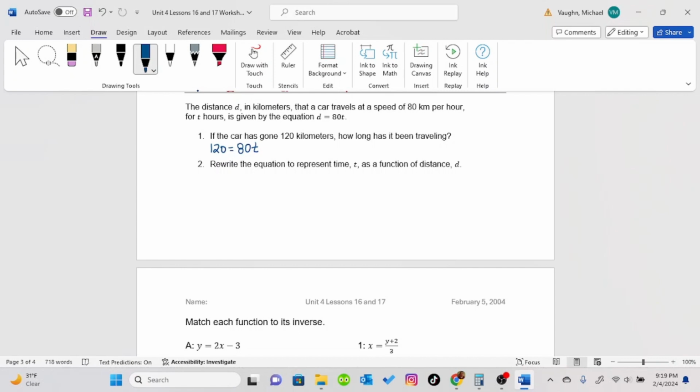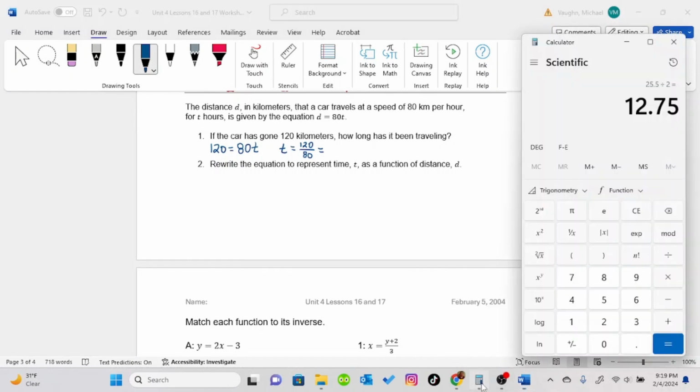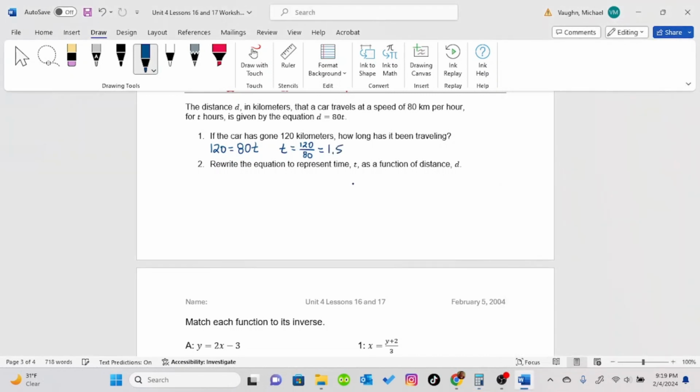So to get t by itself, we would need to divide both sides by 80. So we get t equals 120 divided by 80, which equals 1.5. And that time is representing hours. So 1.5 hours.